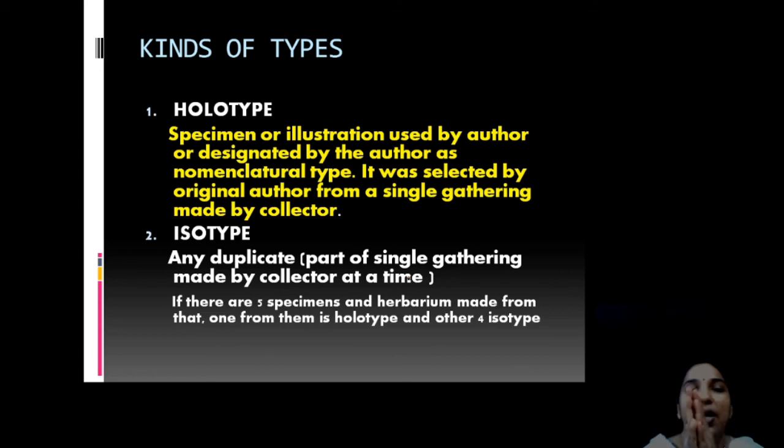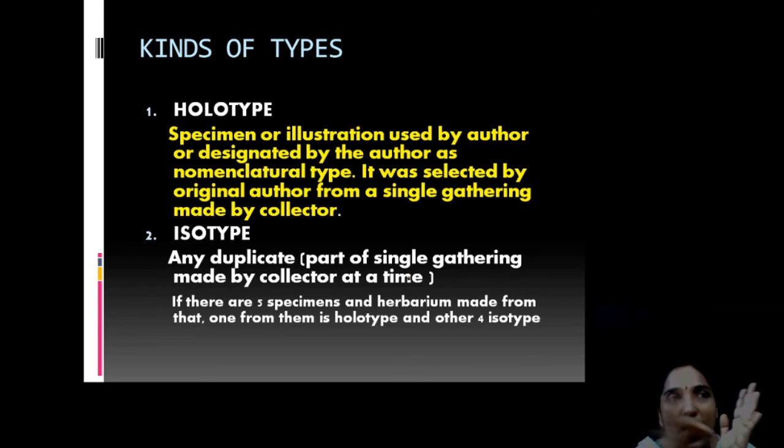For example, I am going to describe a plant. I am going to give the name Mangifera indica. You just imagine. So I collected this plant from my field. I have a twig of Mangifera, and I collected so many twigs and prepared herbarium sheets. Okay. So from those, I have taken one twig, one herbarium sheet, the best one.